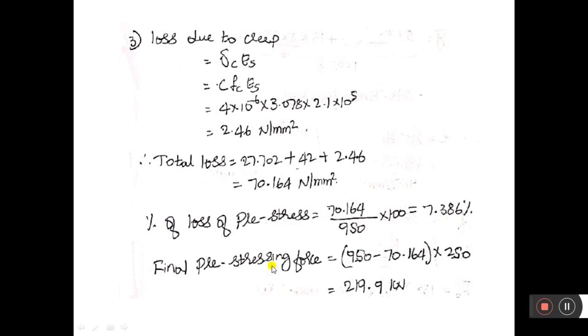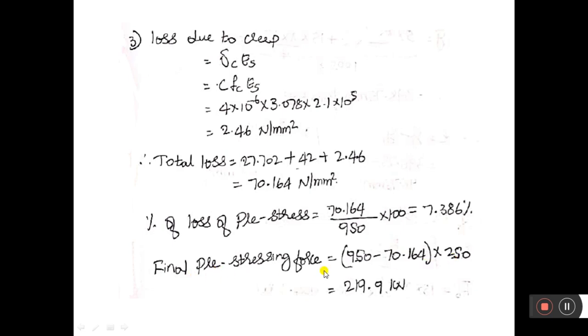So final prestressing force is equal to (950 minus 70.16) into 250. So 950 is the initial prestress, minus 70.16, which is the loss of prestress due to creep, shrinkage and elastic shortening, and 250 is the cross section area.